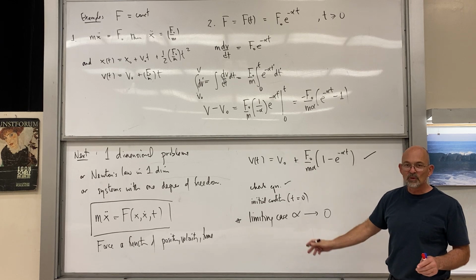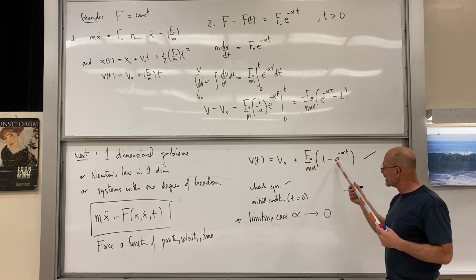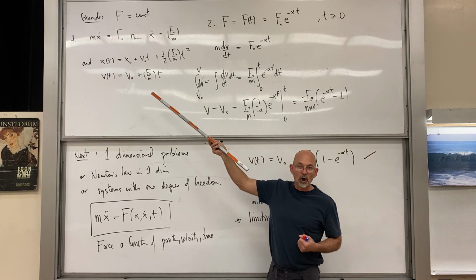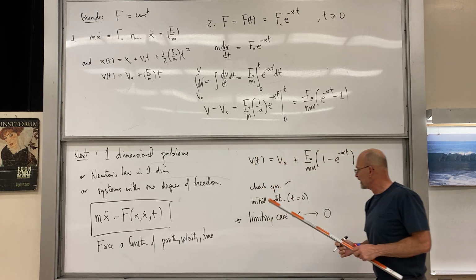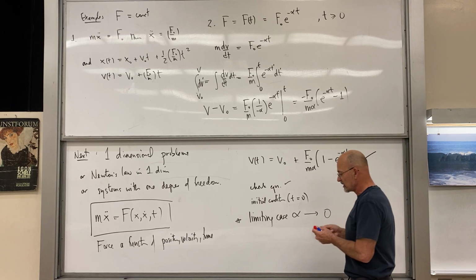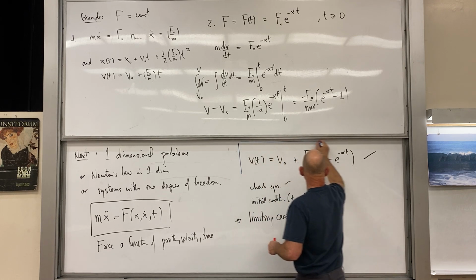It's going to be a thing we do all semester. When we're doing a problem, we want to get the limiting case and find the simple one that we already know. Okay, very important. So limiting case alpha goes to 0. Let's put a box around here. It's a great problem. Simple as it is.